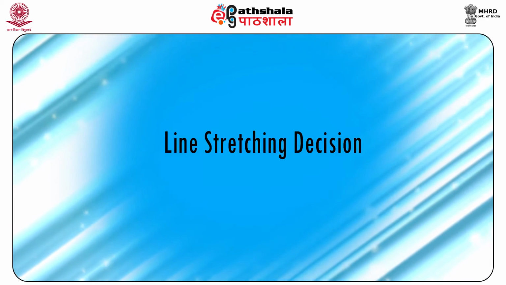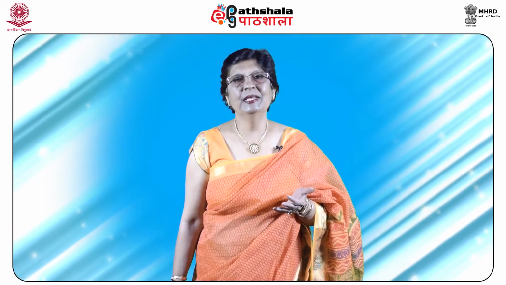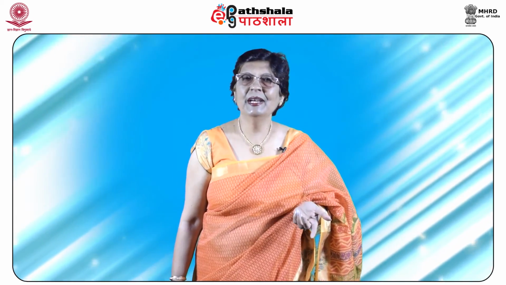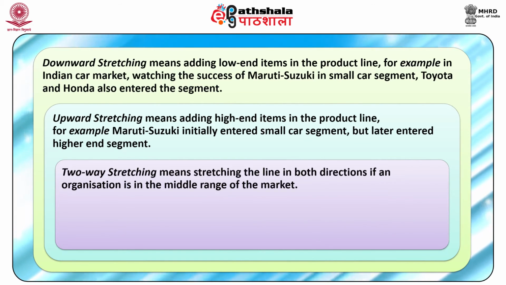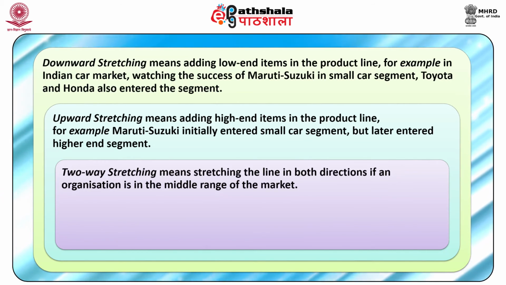2. Line stretching decisions. An organization can stretch its product line downward, upward or both ways beyond its current range. A. Downward stretching would mean adding low-end items in the product line. For example, in the Indian car market, watching the success of Maruti Suzuki in the small car segment, Toyota and Honda also entered the segment.